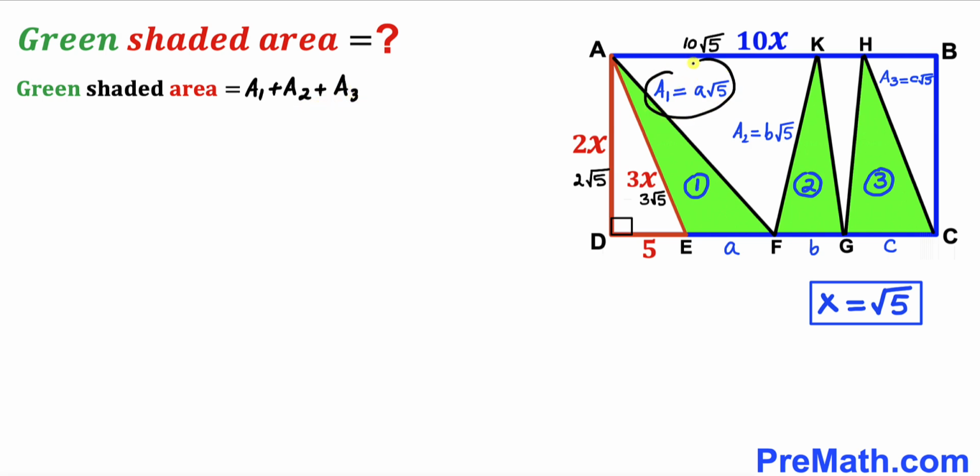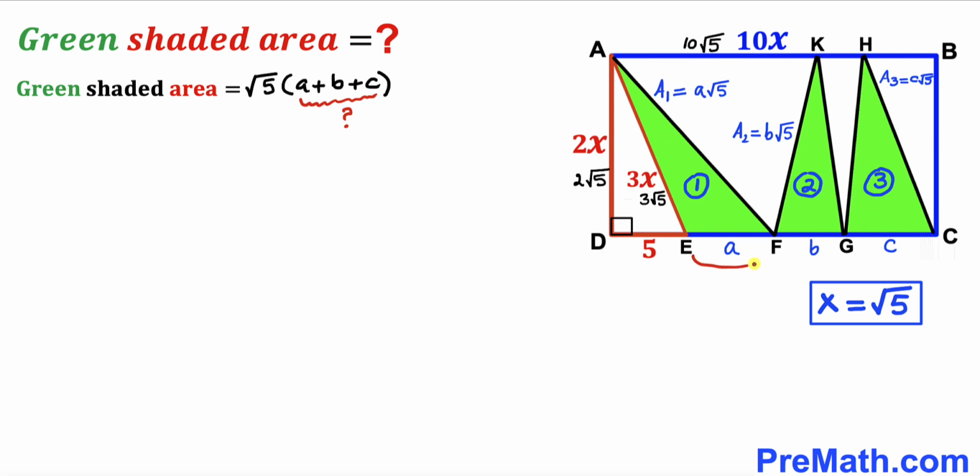Now we know a sub 1 is a times square root of 5, plus a sub 2 is b times square root of 5, plus finally a sub 3 is c times square root of 5. Here we can factor out square root of 5. So we are going to have a plus b plus c in the parentheses. Now our task is to calculate the value of a plus b plus c.